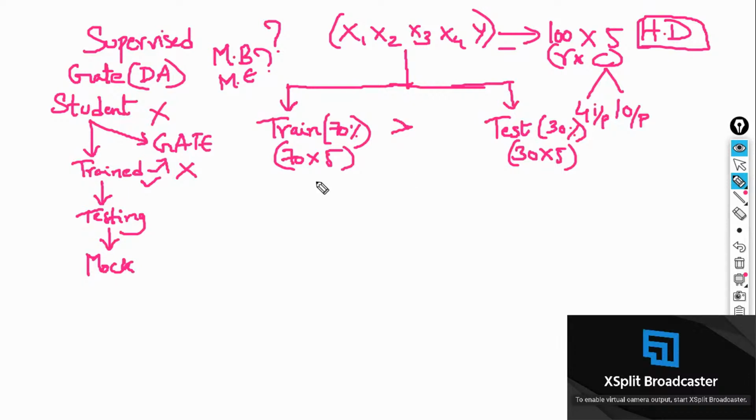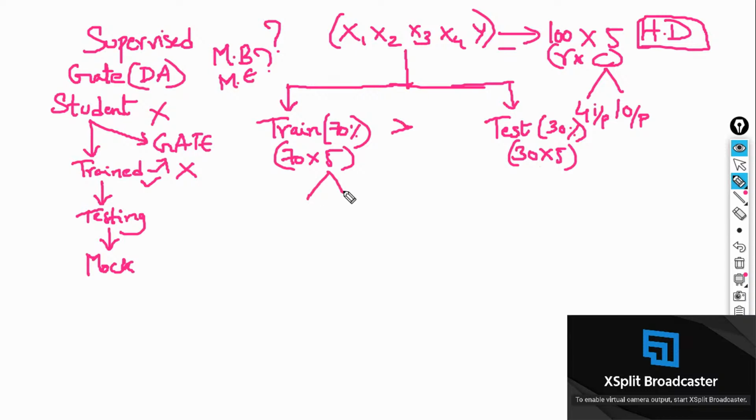So 70% of the data is nothing but 70 by 5. How many rows do I have here? 70 rows. How many columns? 5 columns. How many rows do I have under the test dataset? 30. How many columns? 5 columns.